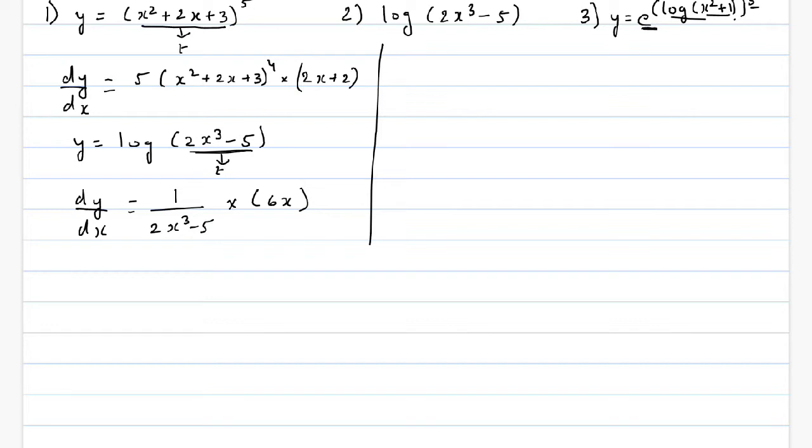So for that, first for our dy by dx we'll differentiate the outermost function, that is e raised to. For e raised to x, we know differentiation becomes e raised to x. So we'll say e raised to whatever was there, instead of x we'll just write log of x square plus 1 the whole cube. Then we'll go to the next function.